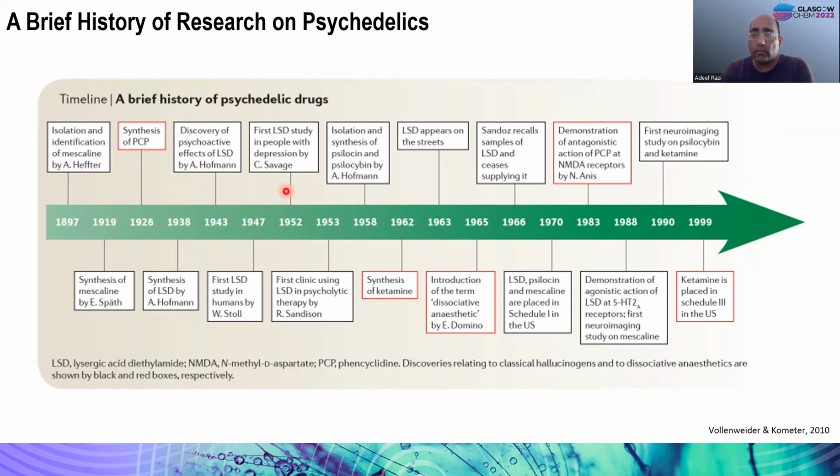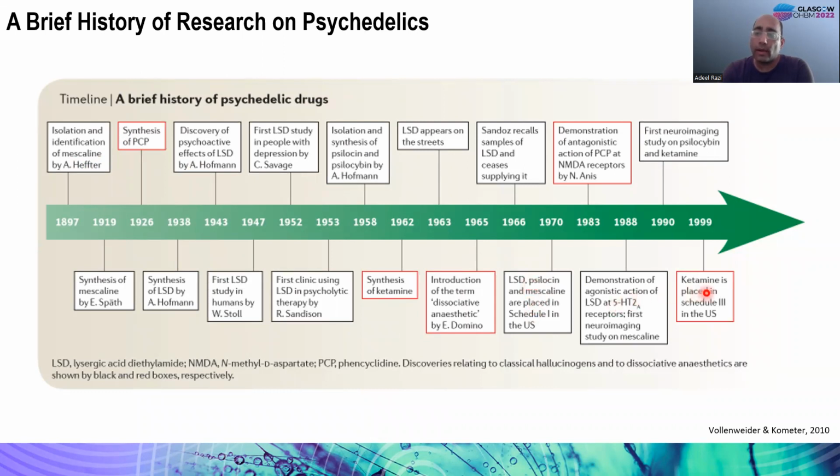There were then a few influential studies using LSD. Then as they became popular, they appeared on the streets in the 1960s, which led to the banning of these compounds. They were placed in Schedule 1 in the US, which made it impossible to do any research using these compounds.